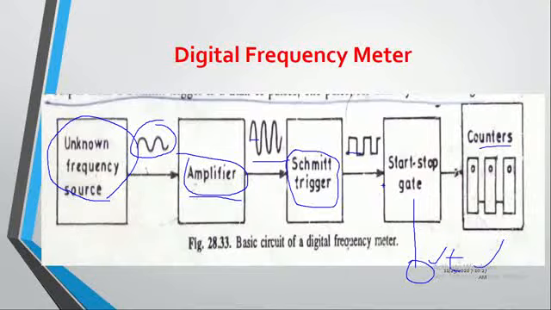During this time period the switch is closed, and after it the switch is automatically open. After that, inside the device we have a calculator, which will calculate the ratio between the number of pulses counted by the counter and the time period, and finally it will show the frequency of the unknown signal.